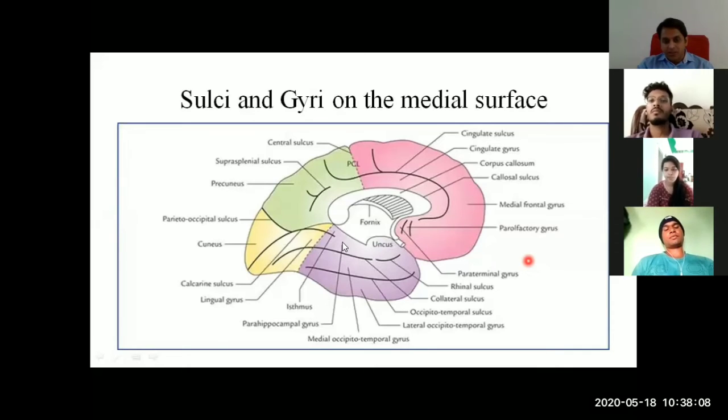The area enclosed within this is the uncus and parahippocampus. The hippocampus is located at this area. So uncus and parahippocampal gyrus. The small part which is present between the splenium and calcarine sulcus is called the isthmus.